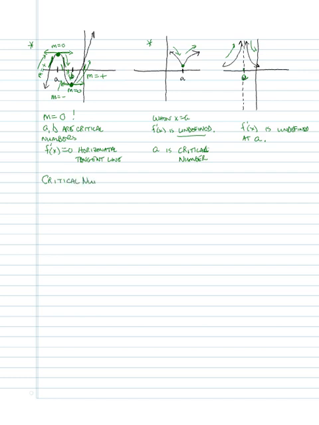Now, what I'm really getting to here, and this is what the diagrams are for: critical numbers, in general, are x values for which f prime of x is either 0 or f prime of x is undefined.